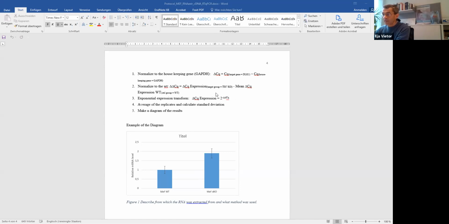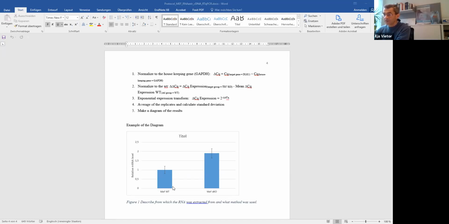You have then 6 values, because you do this calculation also for your wild type sample. So it's wild type minus mean of wild type, and it's T7 knockout minus mean of wild type. And then for these 6 values, you have to calculate an average and standard deviation, and then make the graph.